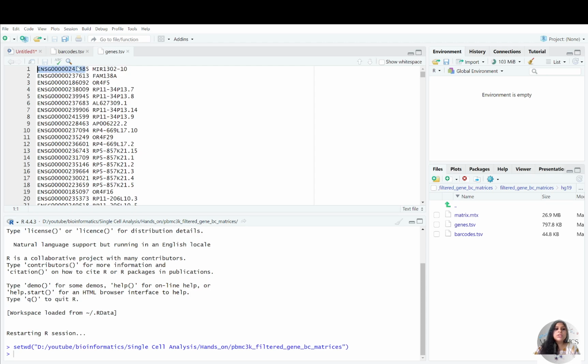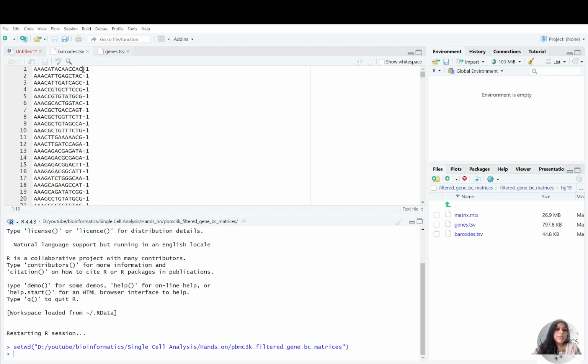Okay, and if I open genes.tsv, you get two columns. This is the gene id. ENS represents that it is an Ensembl id, and then this is the gene name or gene symbol. Usually minus 10, it means that the data is from 10x Genomics. Sorry, not here, not minus 10, this one, minus 1.